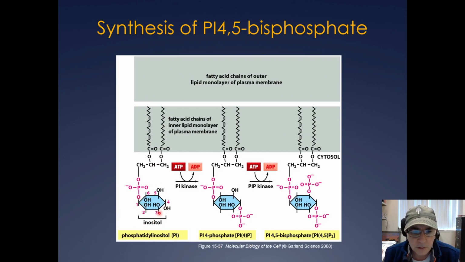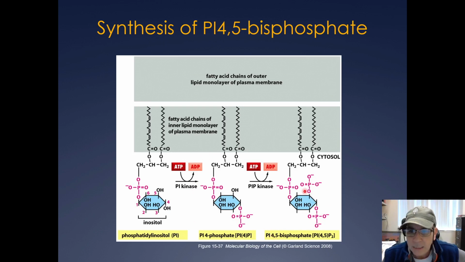You have the inositol group connected to a phosphate, and then this kinase called PI kinase, for phosphatidylinositol kinase, will phosphorylate this phospholipid, and then you have another kinase, PIP kinase, which will add another phosphate to it, and these use ATP, and the gamma phosphate is just transferred to create PI 4,5 bisphosphate.